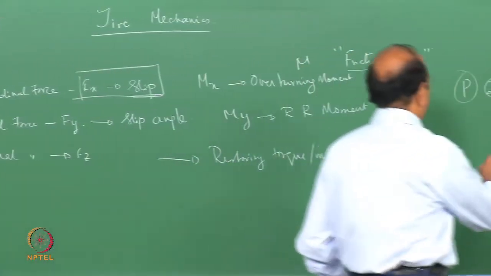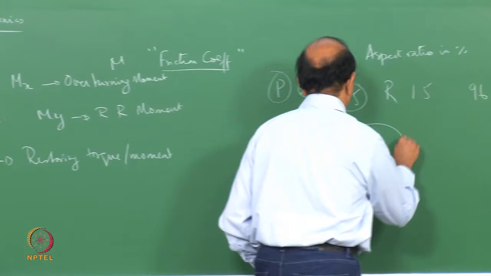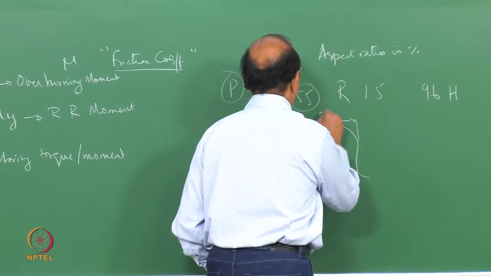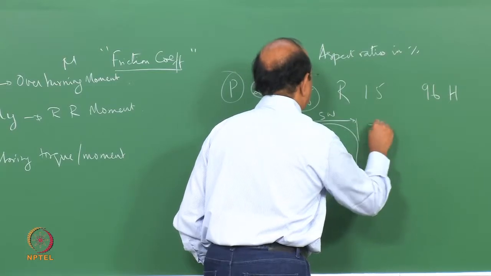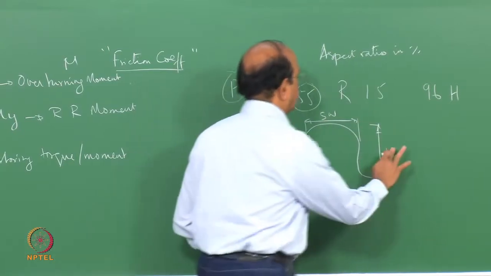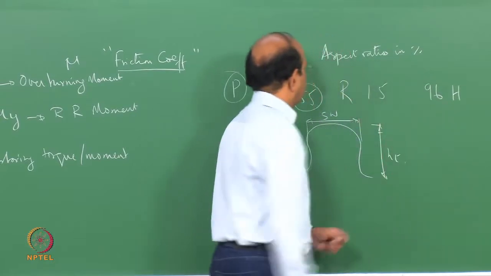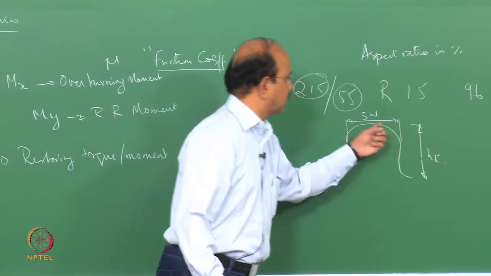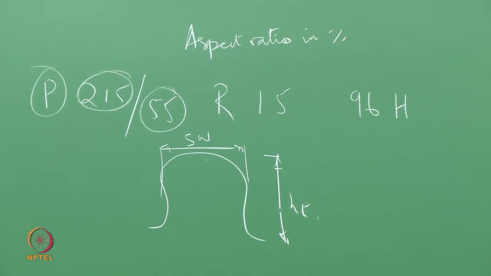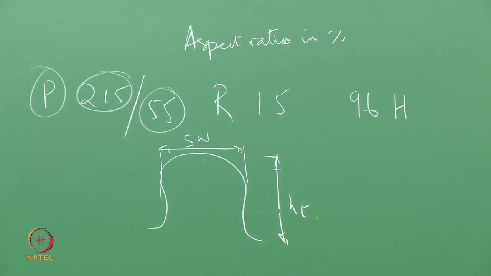So if I have a tire like this, then that is the section width, then that is the height. The ratio of the height to section width multiplied by 100 is what is called the aspect ratio in percentage.